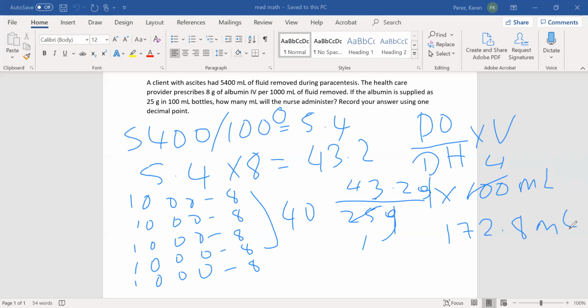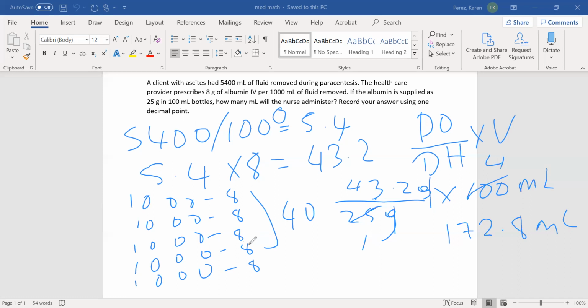So let's go back, recap, and discuss this. We want to find out what is ordered. And to do that, we have to calculate the problem. For every 1,000 mL that is given, you give 8 grams. Now, if it was just 5,000, it would be easy to calculate.